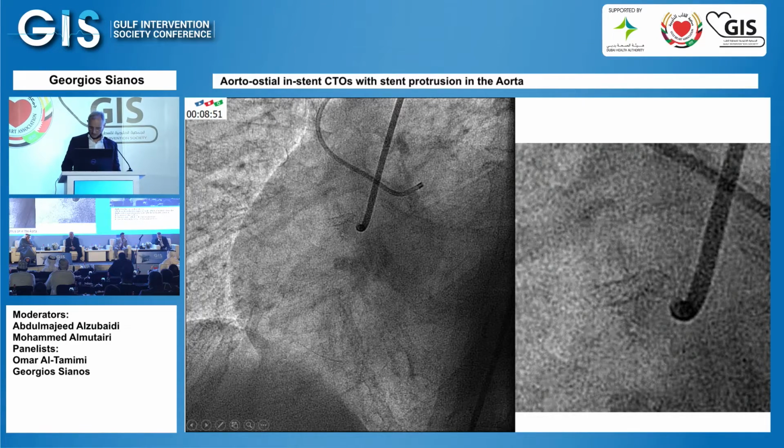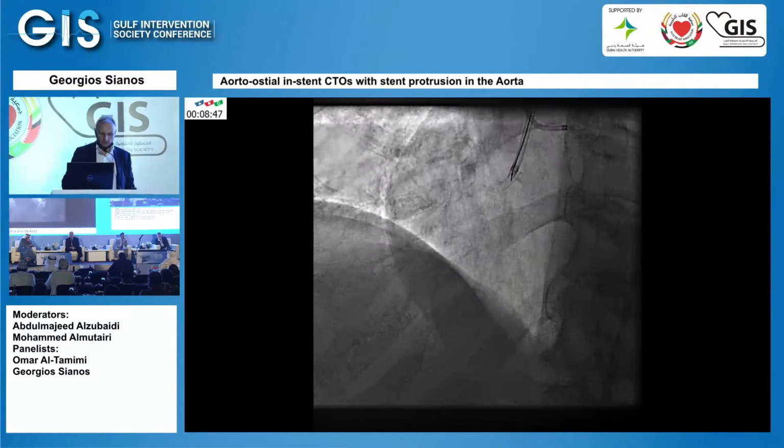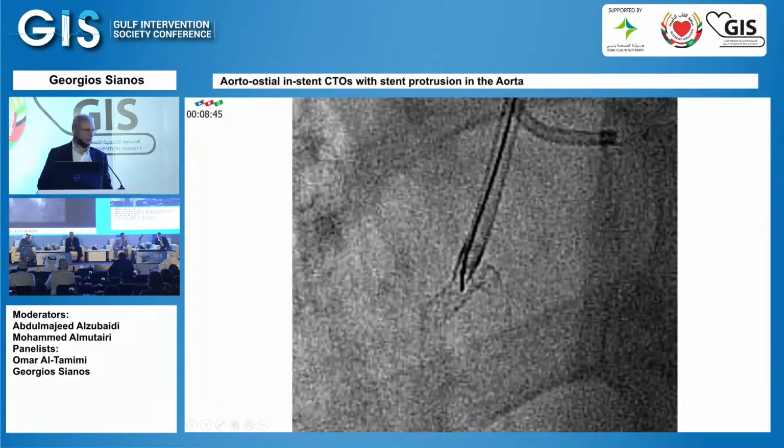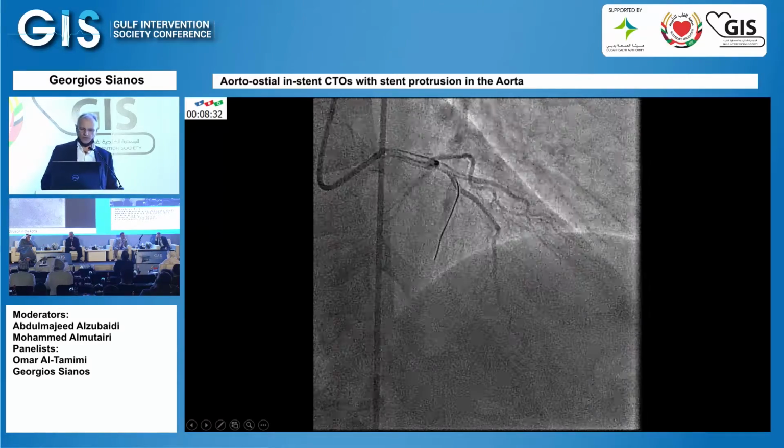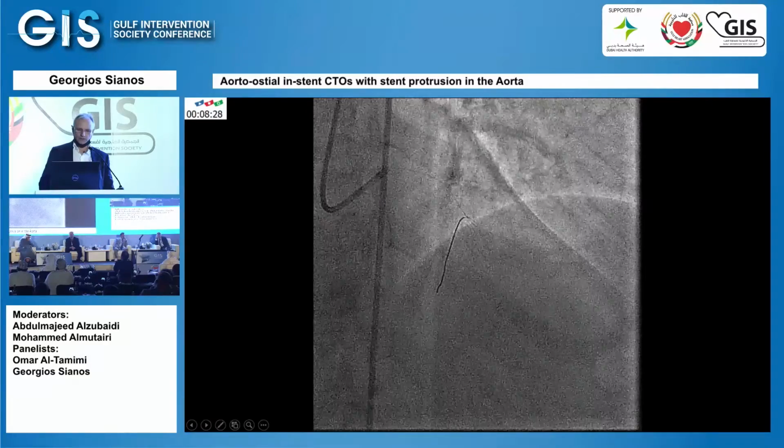They try to make an antegrade attempt to open this right coronary artery, and you see that the guiding catheter is actually deforming further the part of the stent that is protruding in the aorta, and the procedure failed.